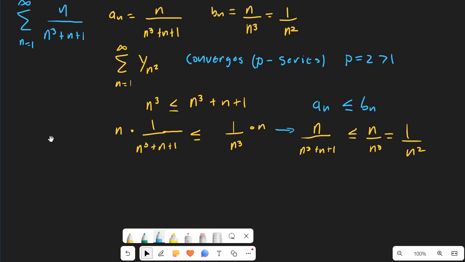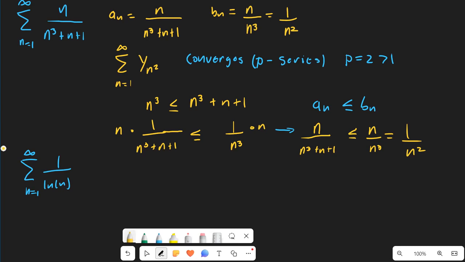Now, suppose that we had something like, for example, a natural log. Okay, now usually you might think that if I have a natural log, then maybe I need to use an integral test.